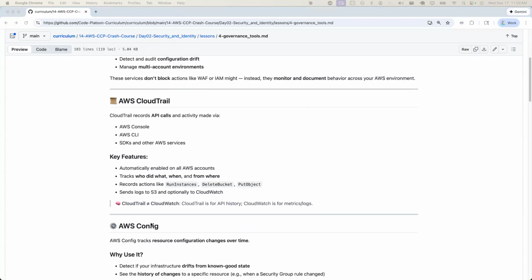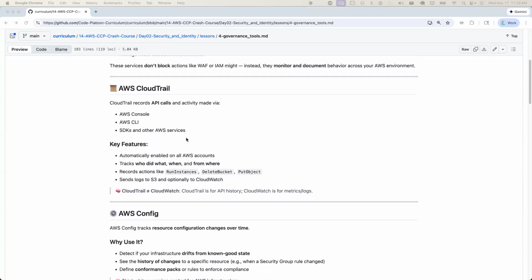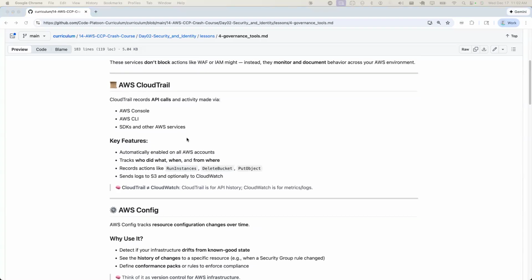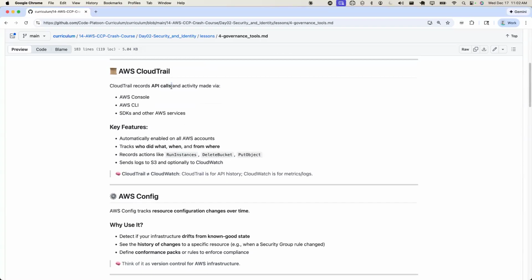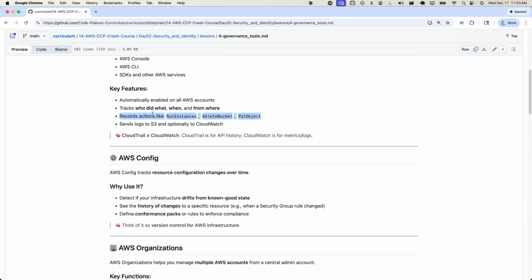No, I'm good. Cool. So that's the big picture on these governance services. CloudTrail records API activity. So if I'm using the AWS console or the command line or software development kits or AWS services, CloudTrail will keep a record of who did what, when, and from where, right?